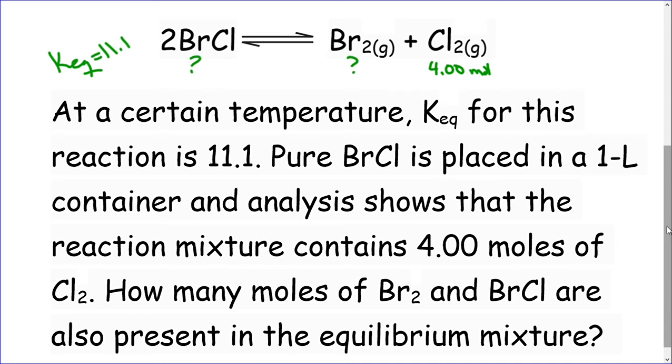But because each Br2 and Cl2 have 1 mole in them, their proportions are going to be the same in terms of the concentration that they have in this reaction. So if Br2 has 1 mole and Cl2 has 1 mole, then it's fair to assume that this is going to have 4 moles as well. And once I see that this has 4 moles in it, and I have all the other information other than BrCl, that means that I can solve for that value.